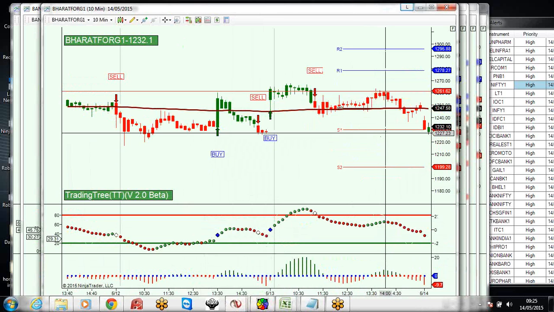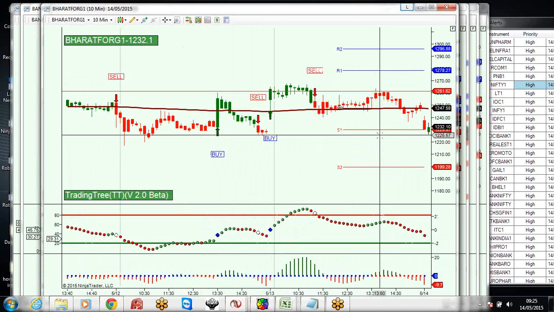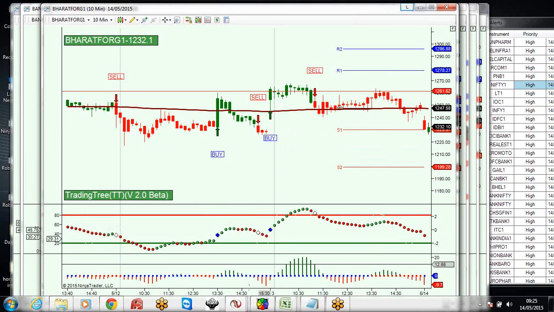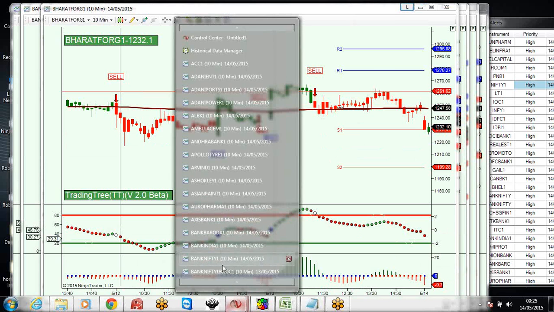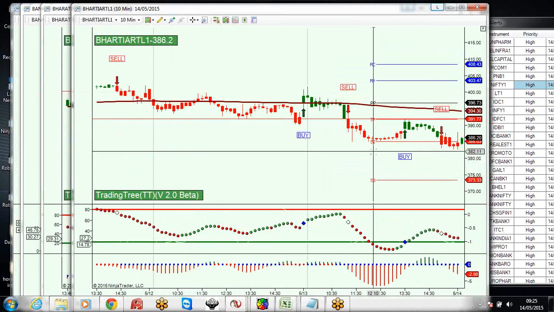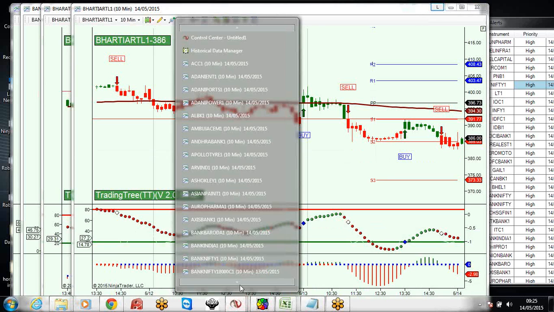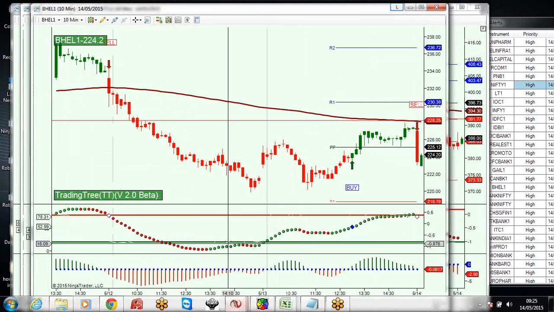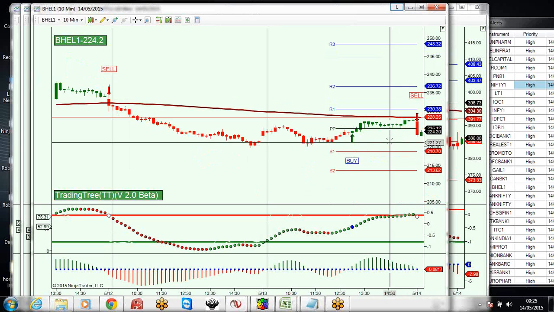Bharat Forge, you can short it here, 1225.50. Bharti Airtel, 382.40. BHEL, we will wait for some time. 221.90.